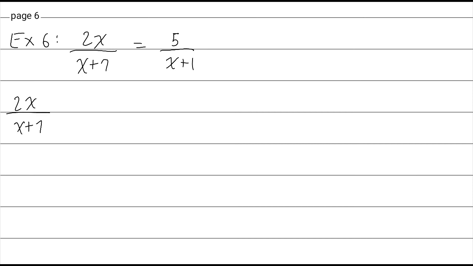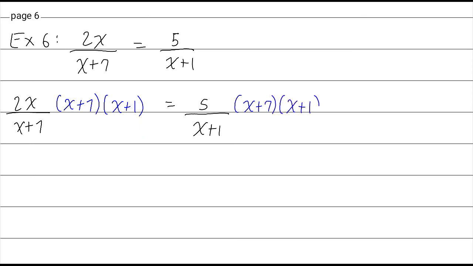So x plus 7, x plus 1 equals 5 over x plus 1 times x plus 7, x plus 1. Okay, those are my two denominators. Put them together, multiply both sides, so that I can simplify that side.